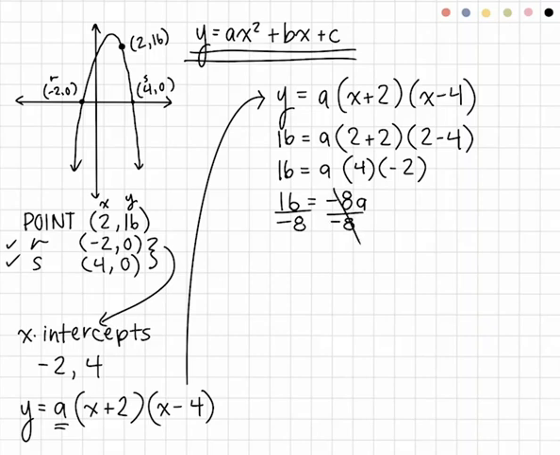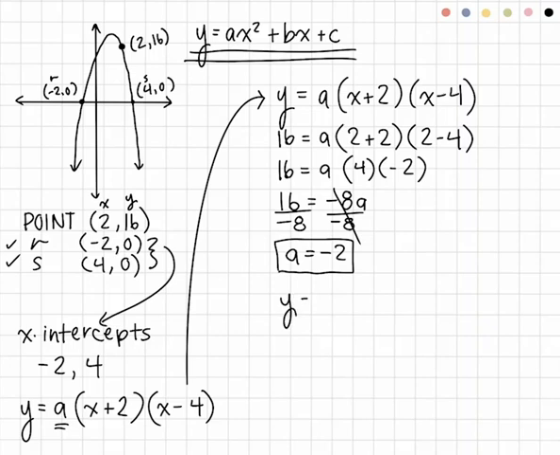What's that going to give me? a equals negative 2. Now we can write the equation of this graph in standard form.